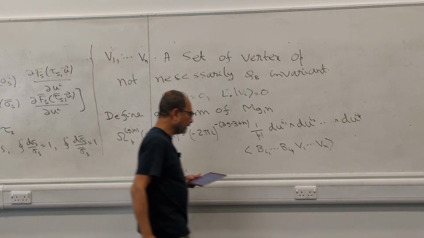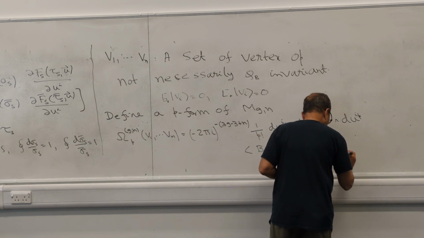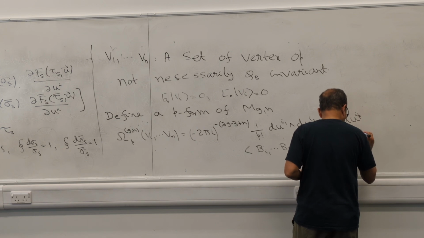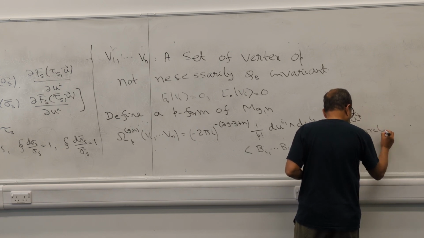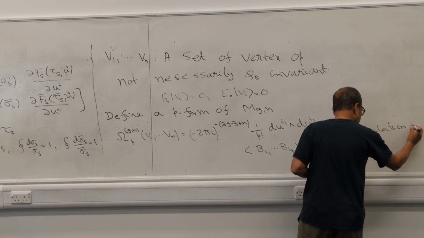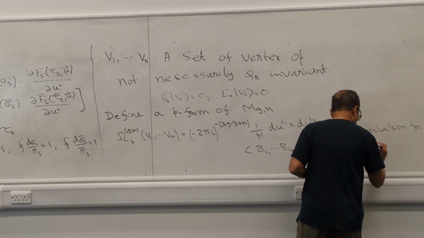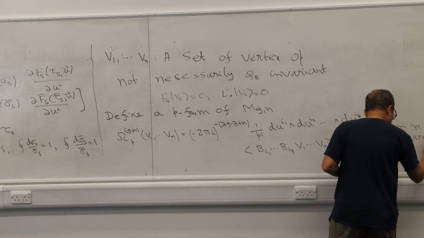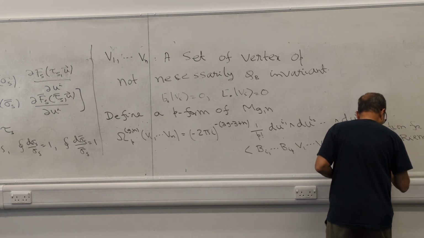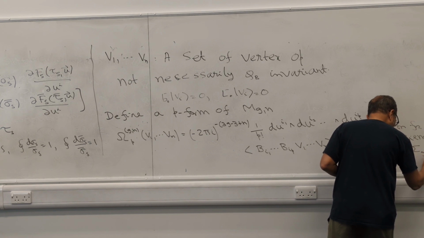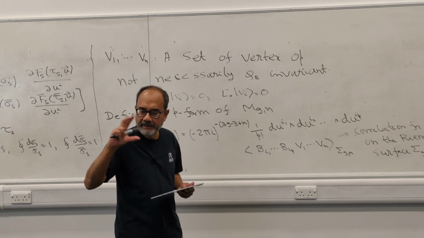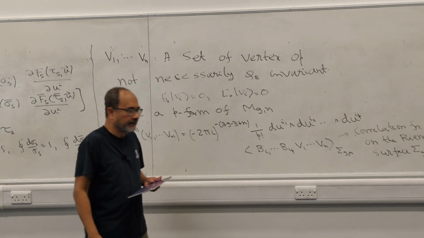This correlation function is the correlation function on the Riemann surface. This Riemann surface is what I introduced earlier, obtained by the collection of transition functions.